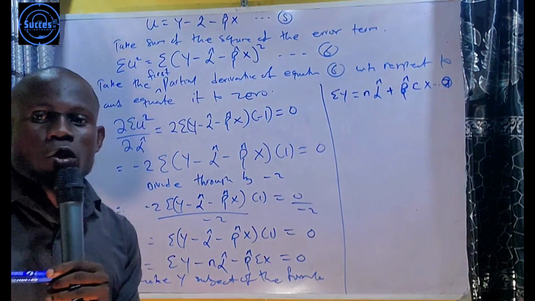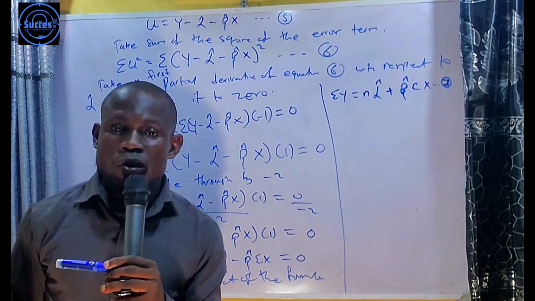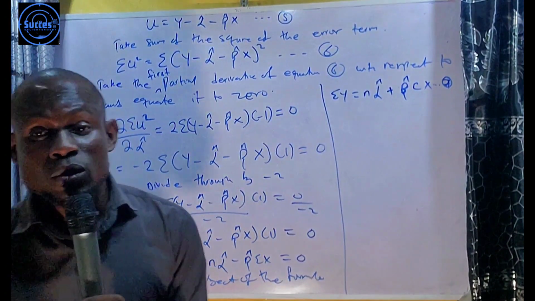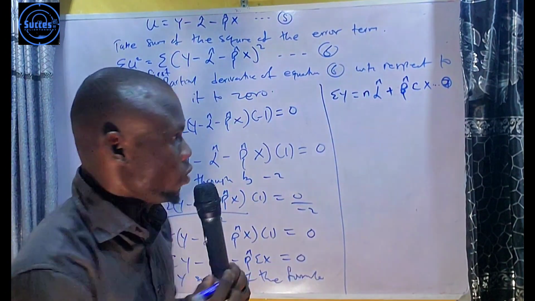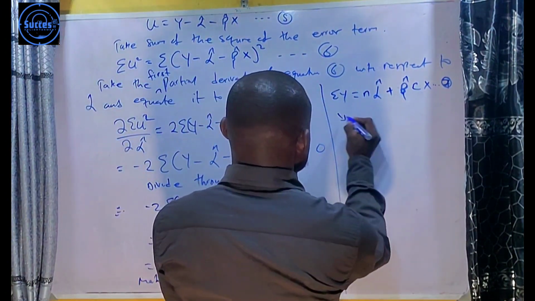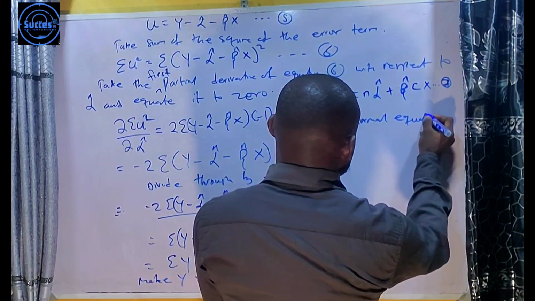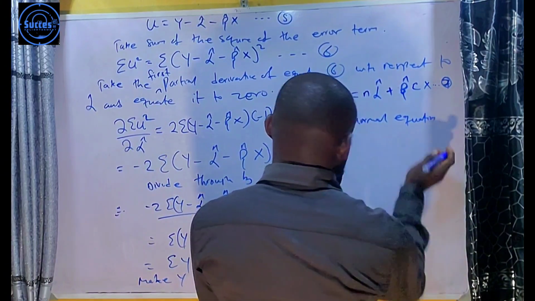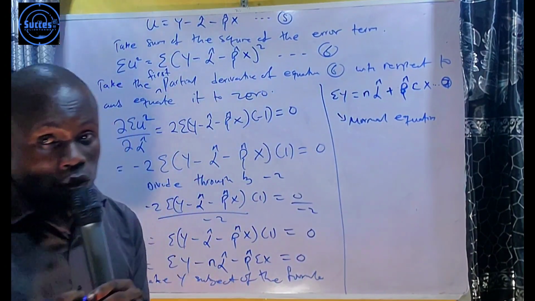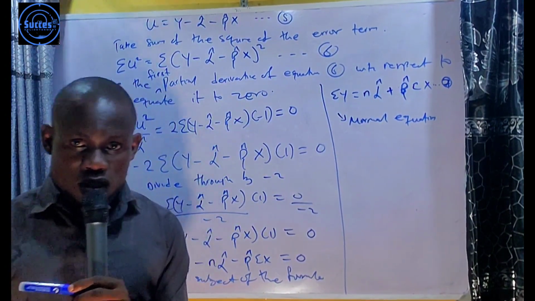We call this a normal equation. When you are dealing with the ordinary least squares, you are going to get two normal equations, and this is the first normal equation. Now, how do you find the second normal equation?